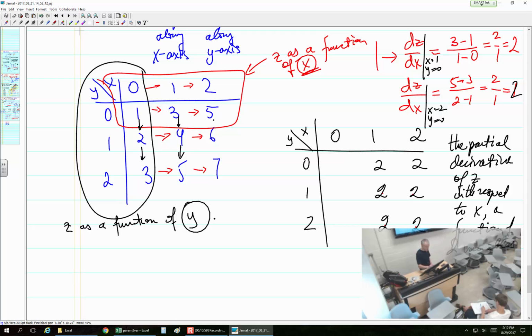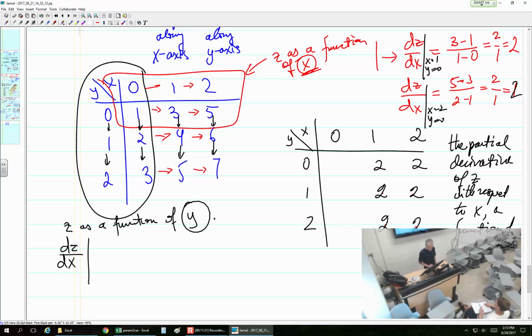Through the same table, as you can see, how many relations appear from those 9 numbers. We're looking only at the adjacent entries. So the independent variable, which is this time y, progresses from 0 to 1, from 1 to 2. In the meantime, the values of z in the table progress from 1 to 2, and 2 to 3, and certainly there is no doubt that the answer will be 1.